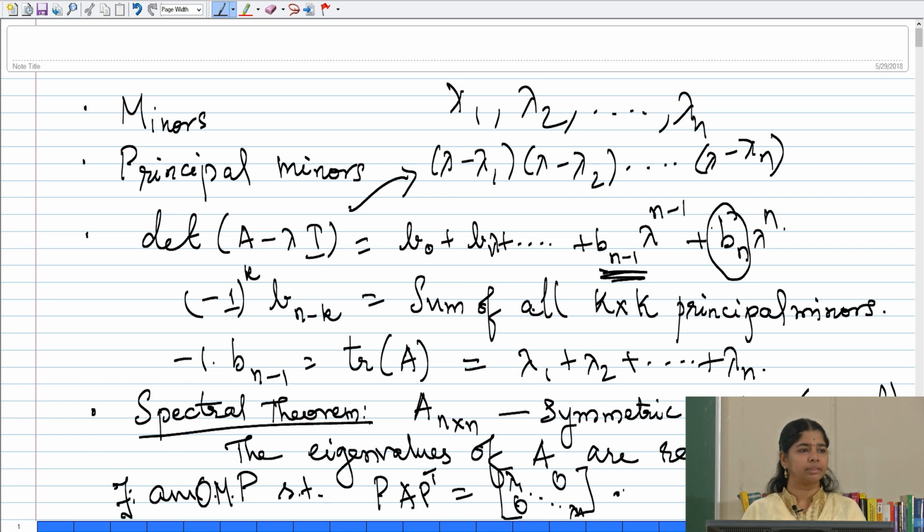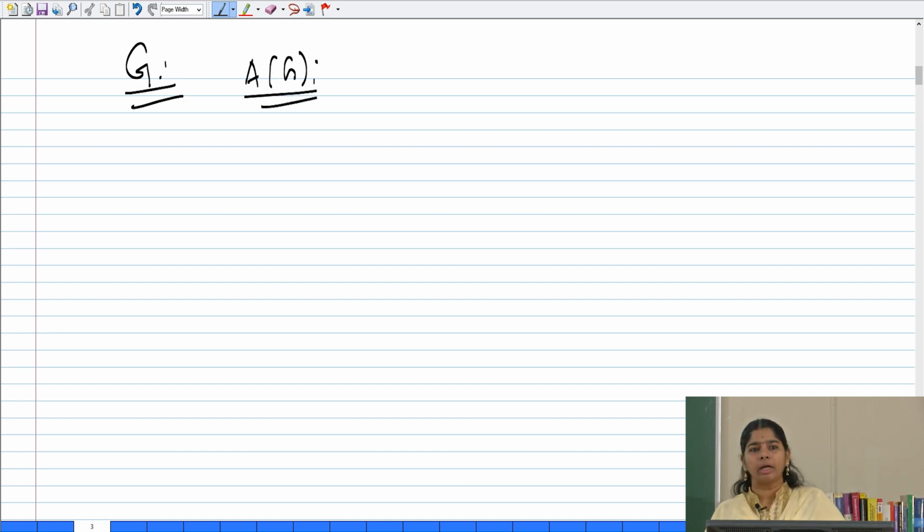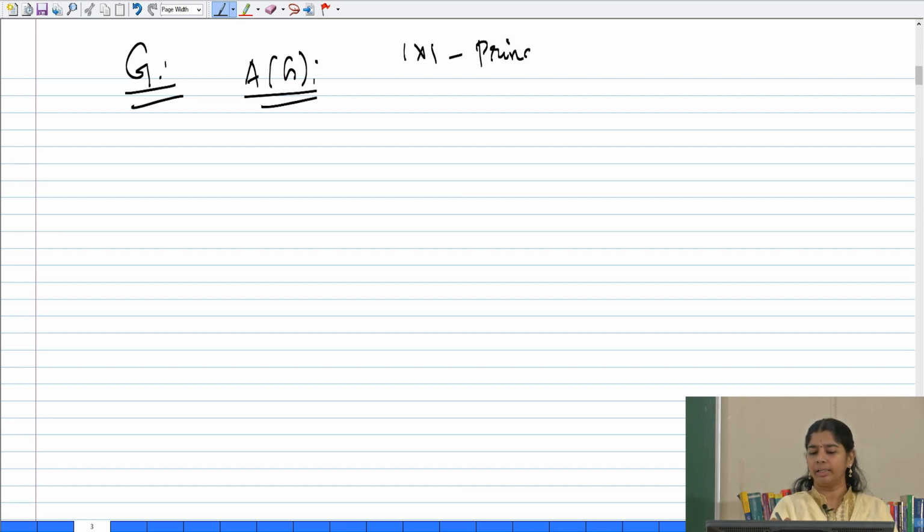So, we will restrict to that level, and from now on we will talk only about graphs. Given a graph G, we know what an adjacency matrix is, right. How will my 2 by 2 principal minor look? If I am talking about a 1 by 1 principal minor, we know it is all the diagonal elements, right.